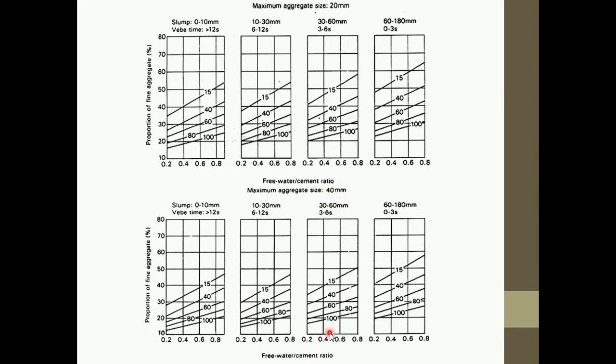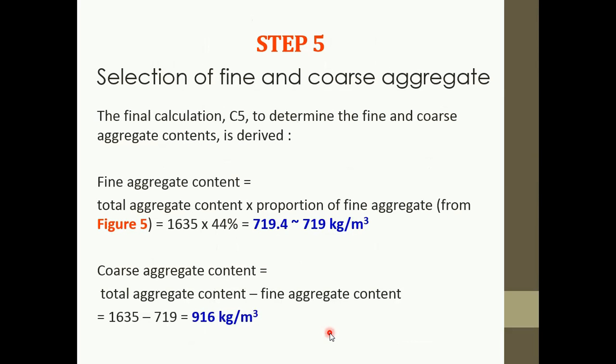To calculate the fine and coarse aggregate, since we have our percentage as 44% and our total aggregate content is 1635, our fine aggregate is 719.4. So you just round off so that we get 719 kg per meter cube.